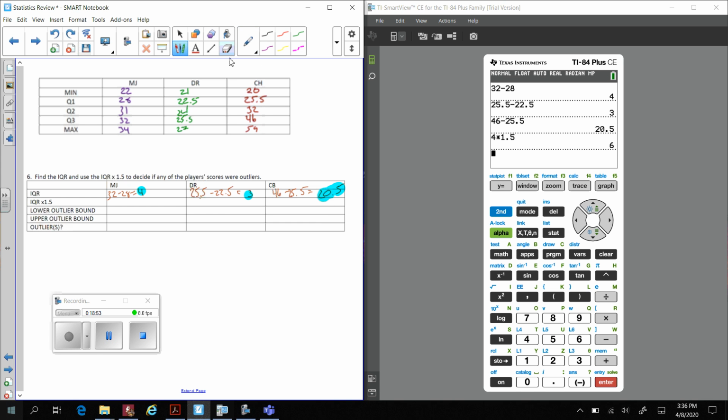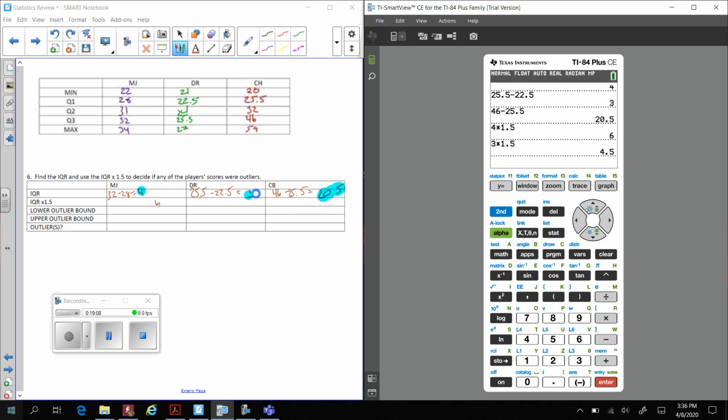Michael Jordan has an IQR times 1.5 that should be our magical number 6. David Robinson's magic number, 3 times 1.5, should be 4.5. And Charles Barkley should be 20.5 times 1.5, which is that magical boundary number that we're going to use, 30.75.